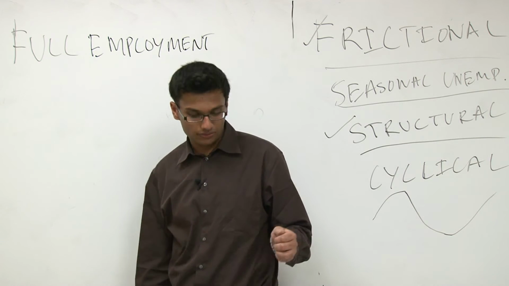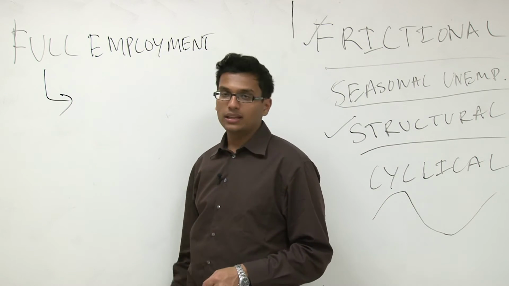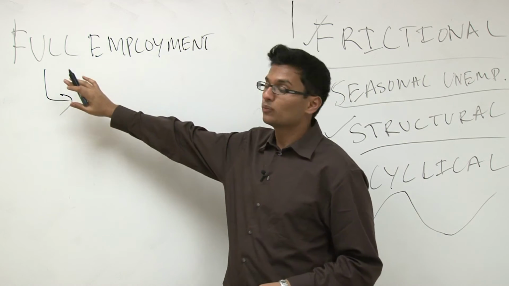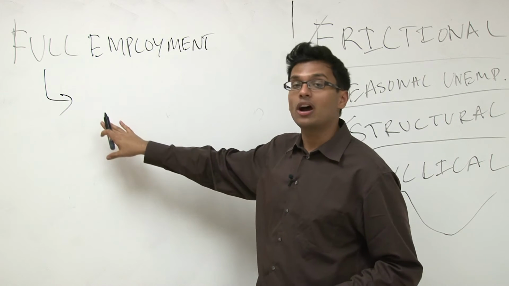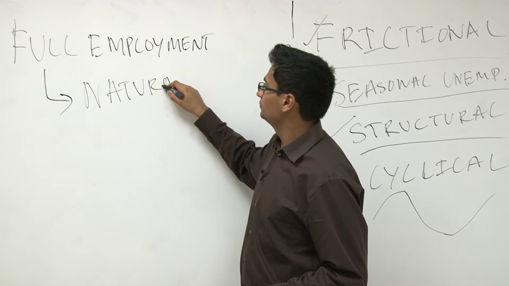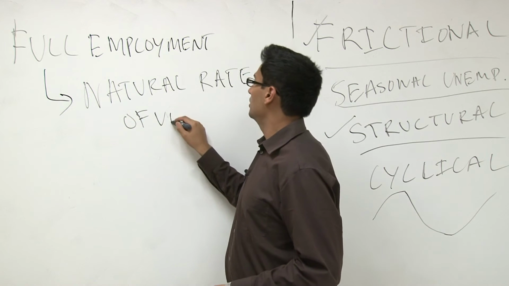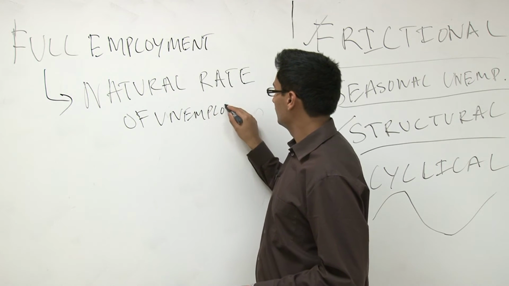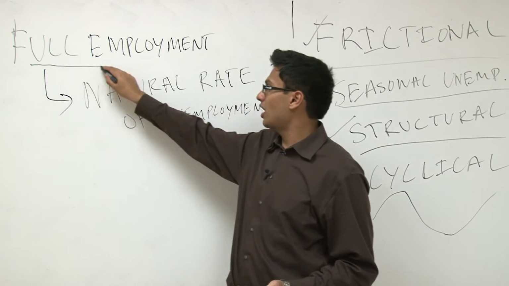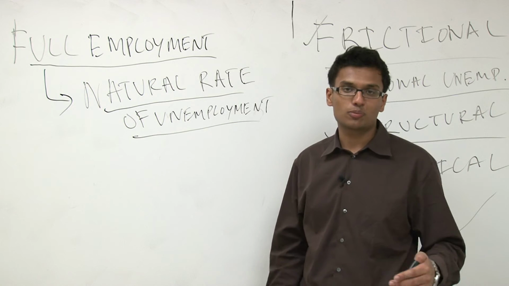Okay, full employment, is actually the situation when we have full employment, the rate of unemployment is defined as the natural rate of unemployment. So basically when we have full employment, right, economy is in full employment, things are great, things are doing well, we have a natural rate of unemployment because it's impossible to have 0% unemployment rate.